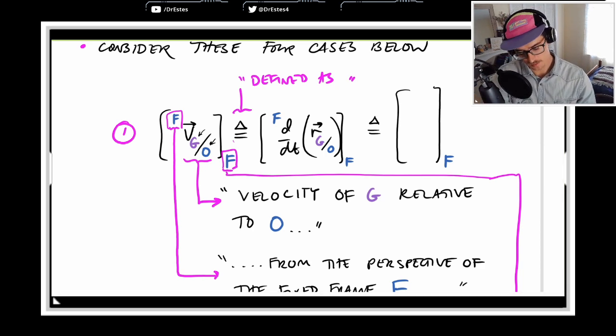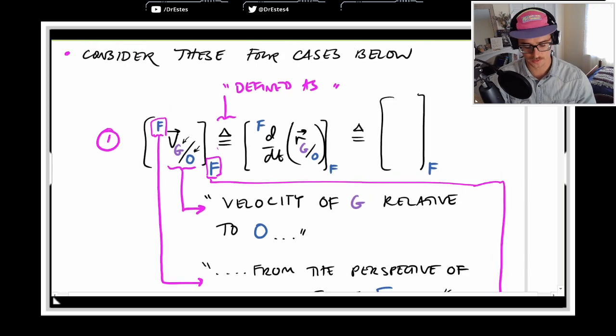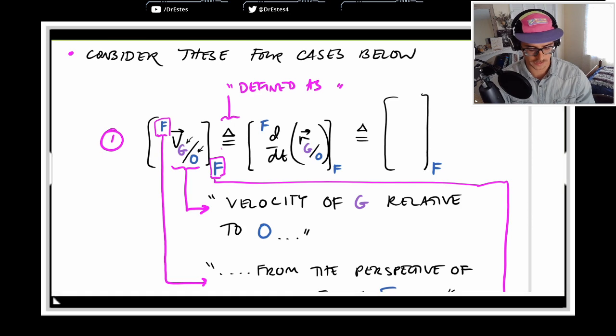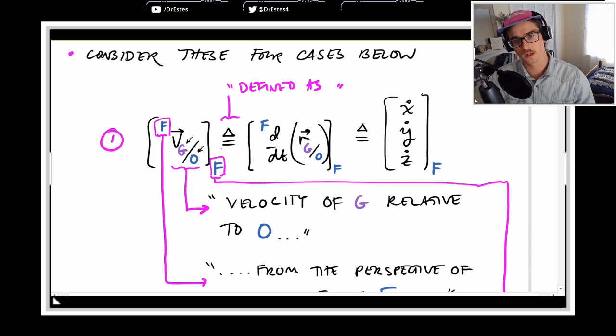So I'm taking the time derivative of the position vector with respect to the f-frame, so from that perspective, and then I'm expressing it in f-frame components, so I'm projecting that vector along to the f basis vectors. And in flight dynamics, when the velocity is with respect to the fixed frame, and if it's expressed in f-frame components, we call them x dot, y dot, and z dot.